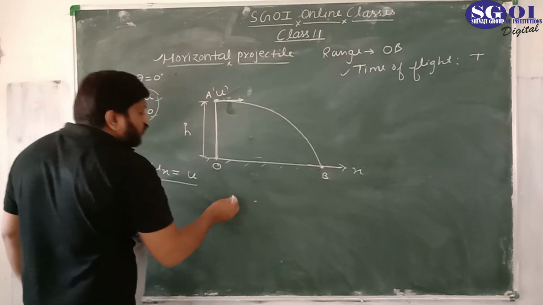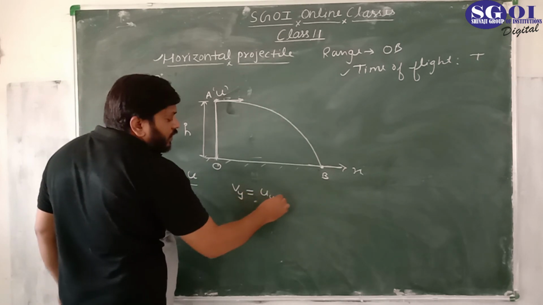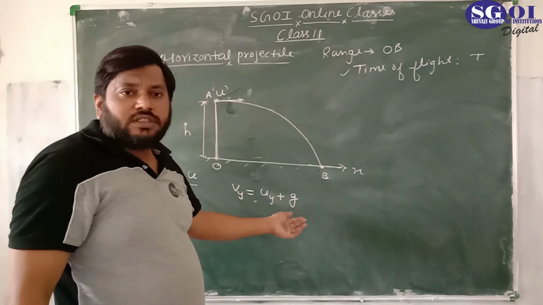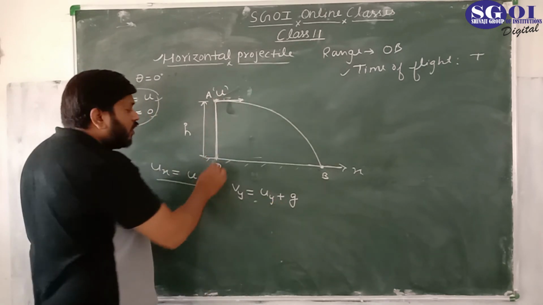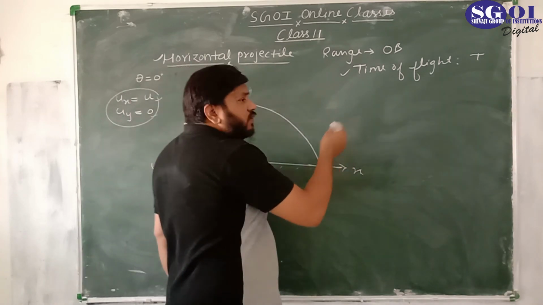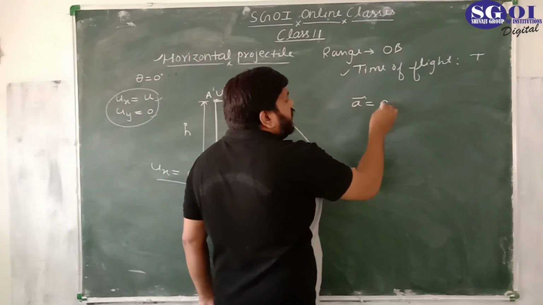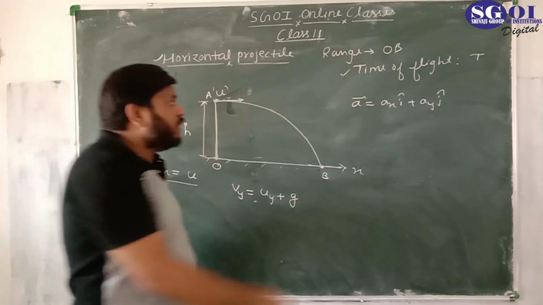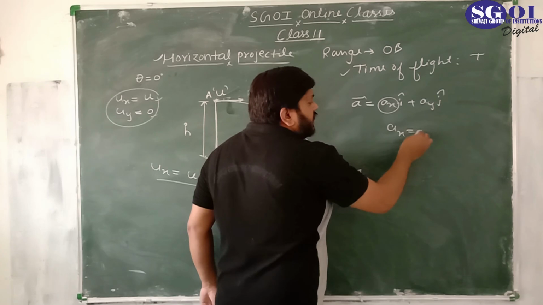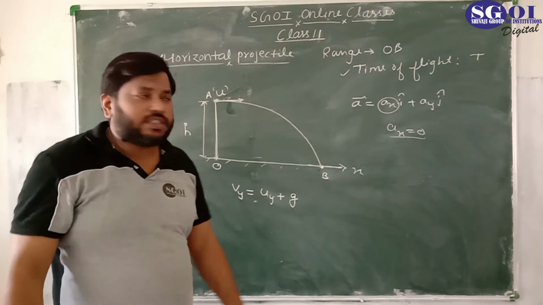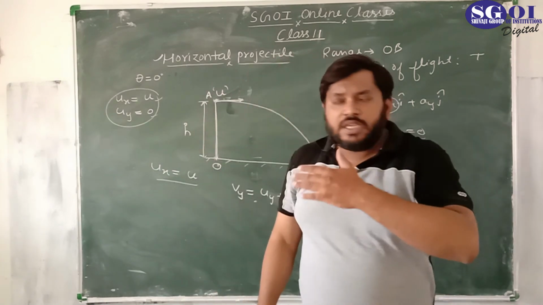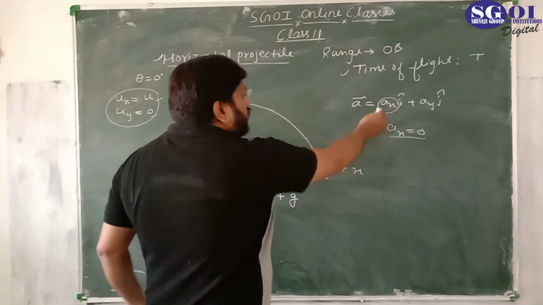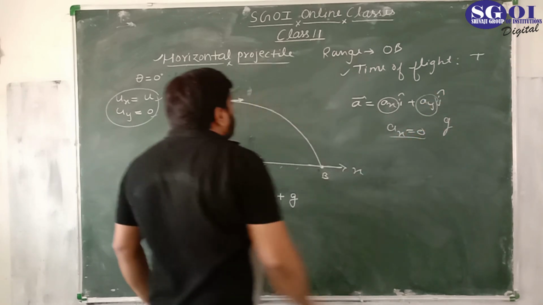As we told you in the previous video lecture, we take two components of acceleration, ax i plus ay j. But for projectile motion, ax is 0, because it moves with constant velocity in the x direction, and acceleration is the rate of change of velocity. So only ay remains, which is g.